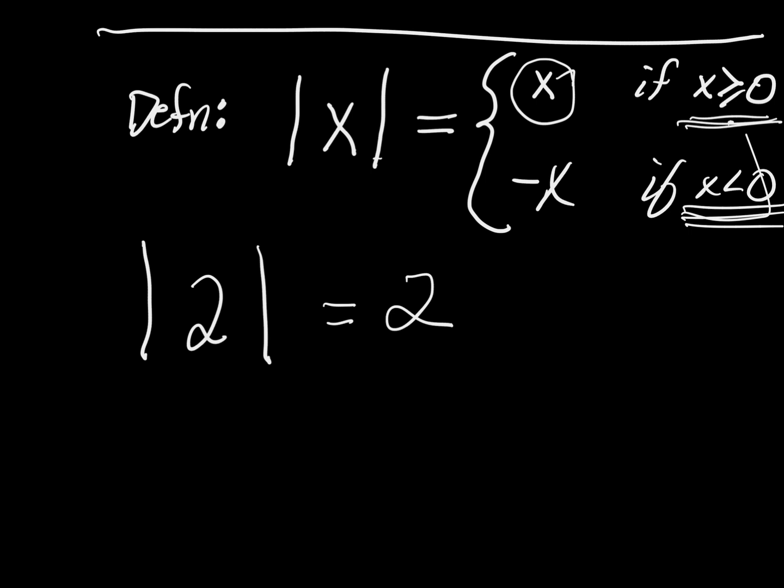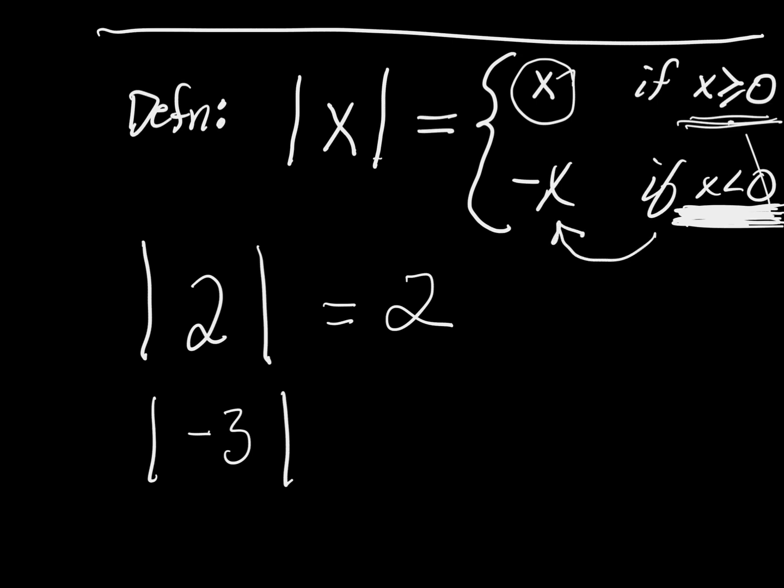I don't need it. In the other case, if we had the absolute value of negative 3, then I ask myself, is negative 3 positive or negative? Well, it is negative.